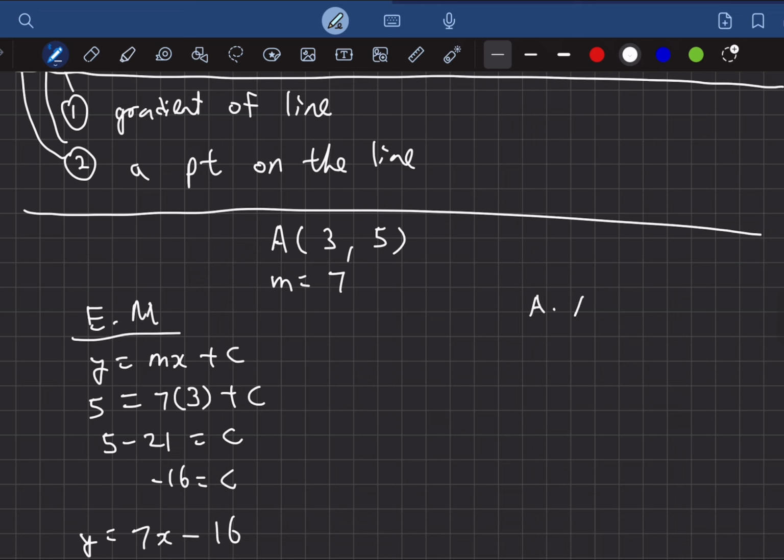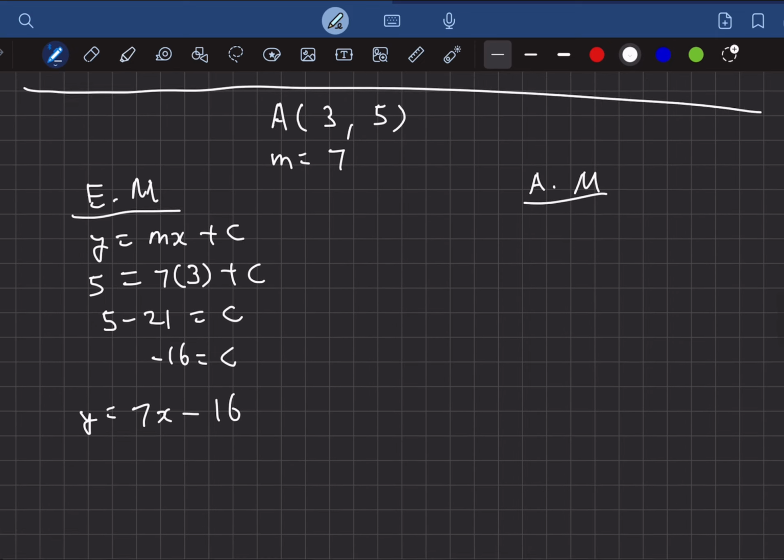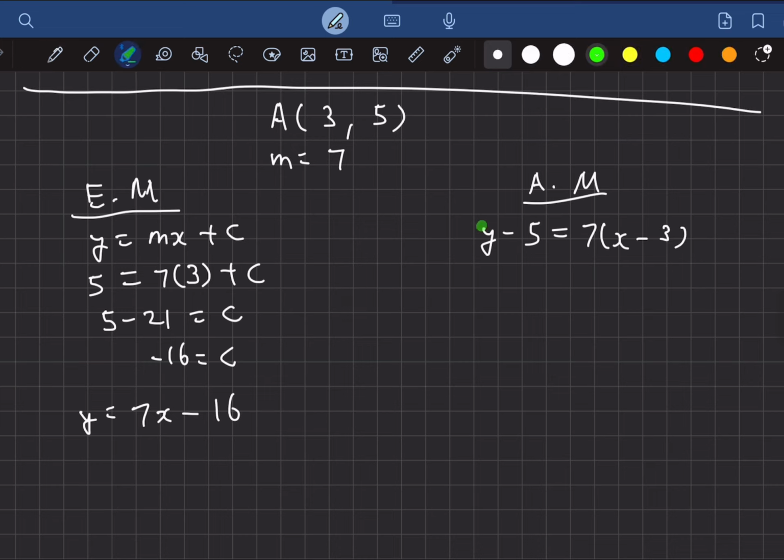If I use the A math method, I'll have y minus y1 equals m bracket x minus x1. Take note, this y and x will always remain as y and x. So with this, I'll have y minus 5 equals 7x minus 21, y equals 7x minus 16.